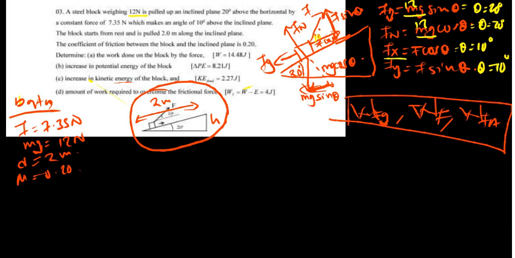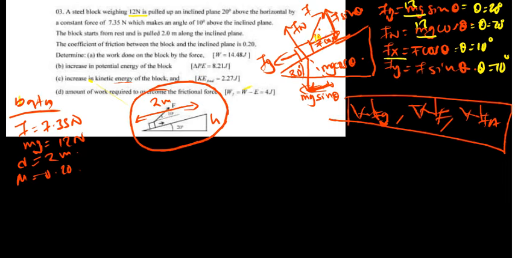Which one and which one? Yeah, the work done by the Fg, also the work done by the friction and what? And the applied force. If we add these, that will be our net work, and that will be the answer for change in kinetic energy.